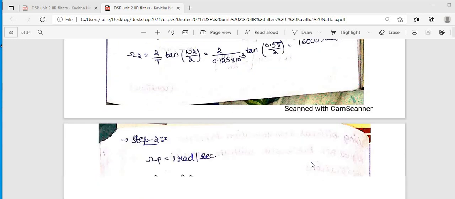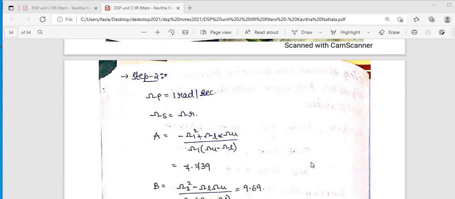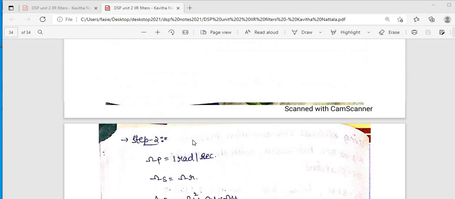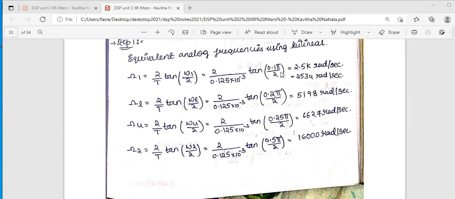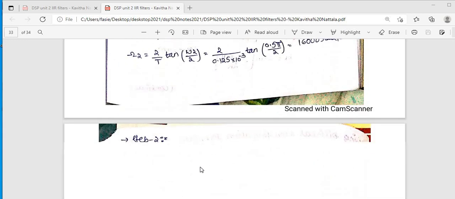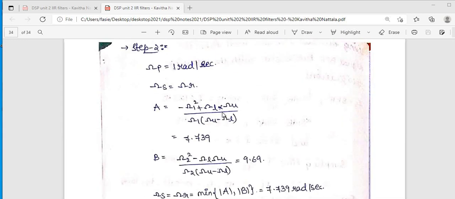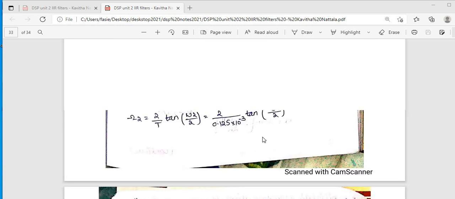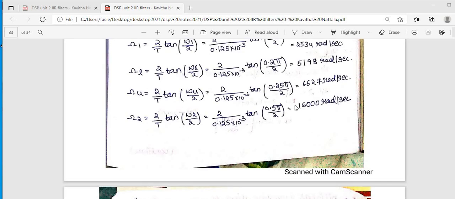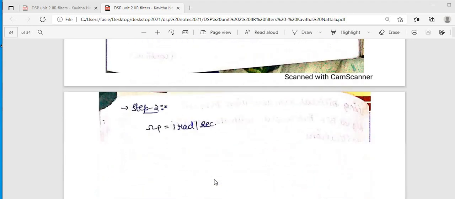Next thing, we have to find A and B, no? A is minus omega 1 square plus, the formula we just learned. You have to note down all these concepts. If you have both A and B values, we can substitute in the given formula. Omega 1 we had is 2.5k, that is 2534 radian per second. We square it, plus omega L and omega U: omega L is 519 into omega U 6627, multiplied and divided by omega 1 into this.